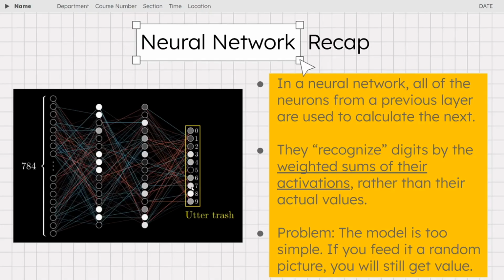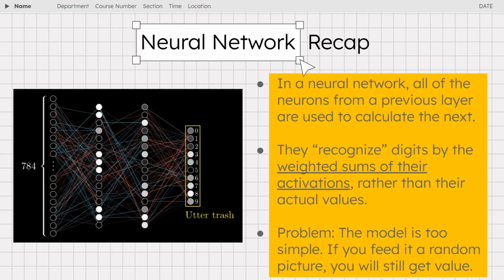Or think of another way: if you fed the computer half of an 8, it will look equally like a 3 or an almost complete 8, because they're only looking at the weighted sum of all the pixels.